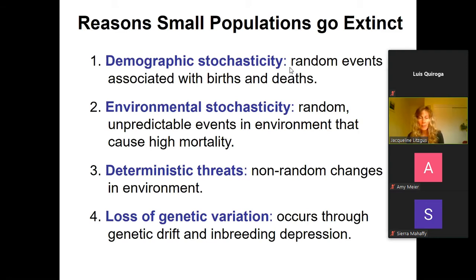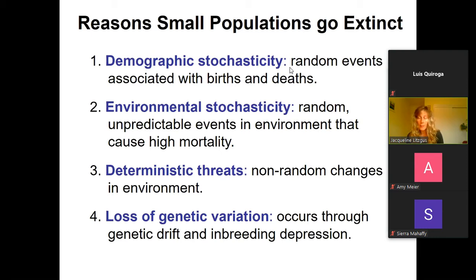And then the last one there, again, is loss of genetic variation. This occurs through genetic drift, which I've mentioned already, and inbreeding depression. This is predicted to lead to extinction quite slowly, unlike an environmental stochastic event, which is an instant death of everything. So this happens a little more slowly. It might not be quite as important as some of the other reasons for small populations to go extinct, but it's still going to have an impact.